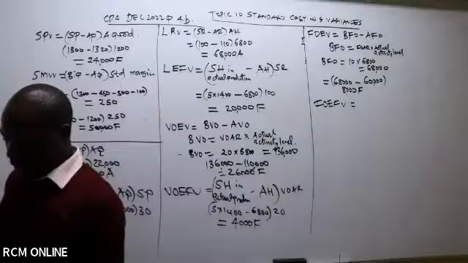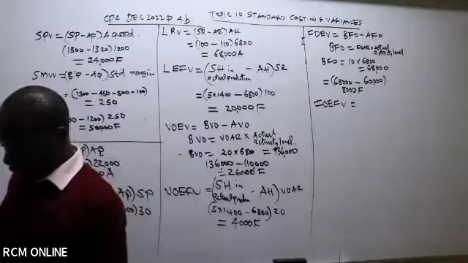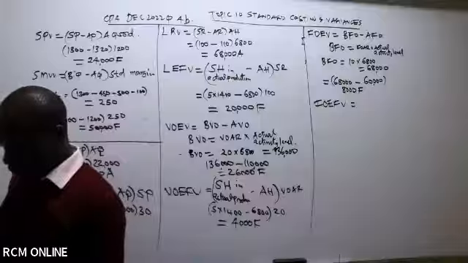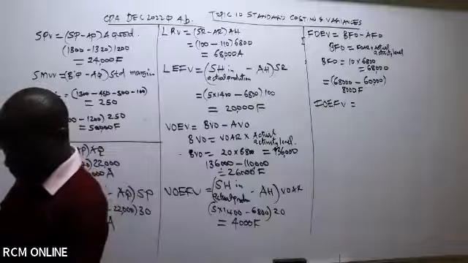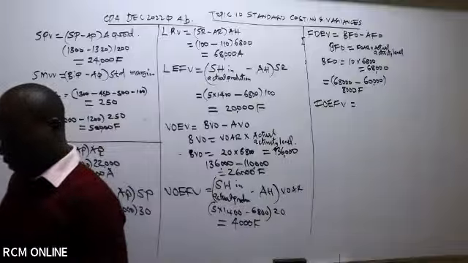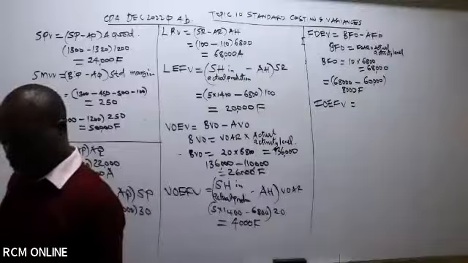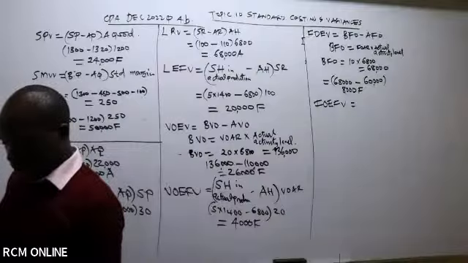Fixed overhead expenditure variance or efficiency. Fixed overhead efficiency variance. Let's see what this is giving us here.